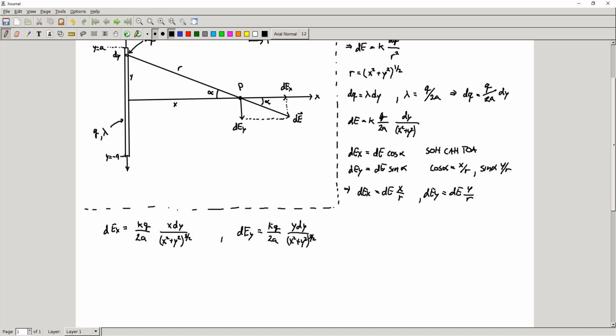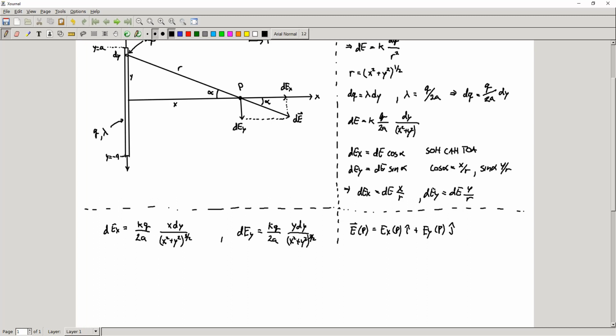Let's keep in mind what it is that we're kind of doing here, right? So what are we doing? We're trying to find E at some point P, right? And we know that we can write E at this point P as Ex at that point P in the i hat direction plus Ey at that point P in the j hat direction, okay?